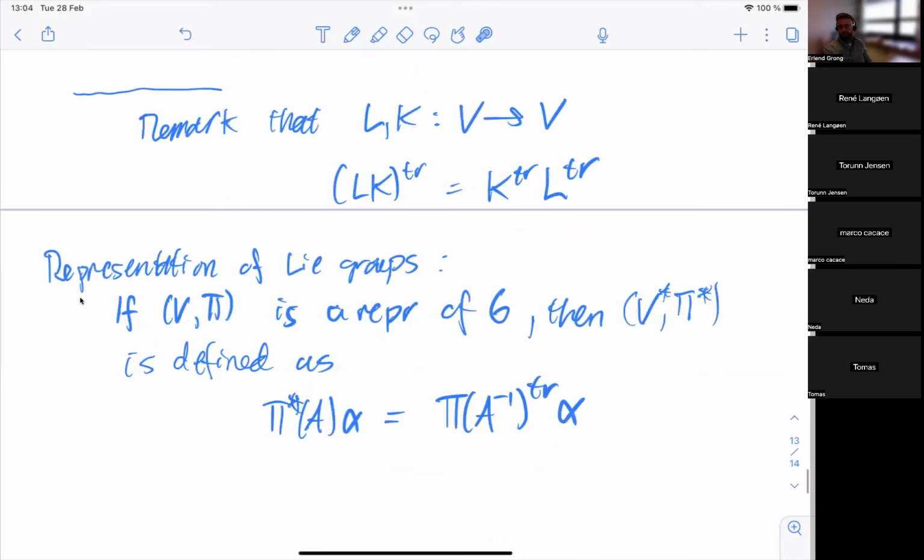So if you want to act on the dual, then you need to act by the inverse, not with the element itself. So A in G, alpha in V star.